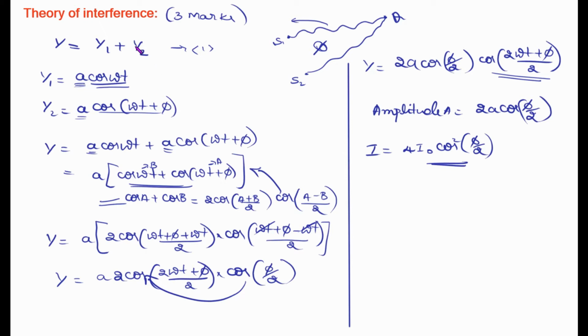Substitute these two in equation 1, and the rest is mathematical solving. Expand using the trigonometric formula, then whatever term remains leaving this, that represents the amplitude of the resultant wave, and this represents the intensity of it.